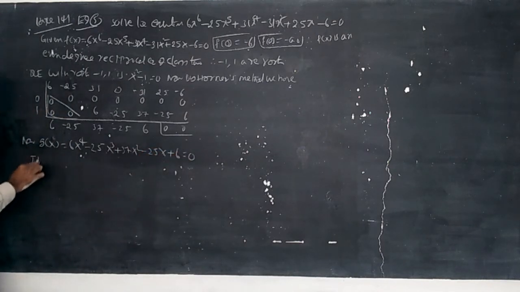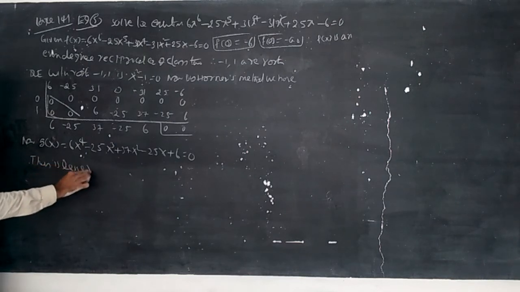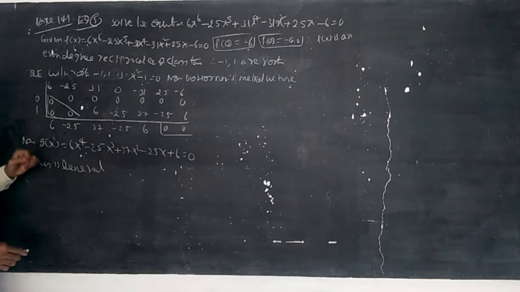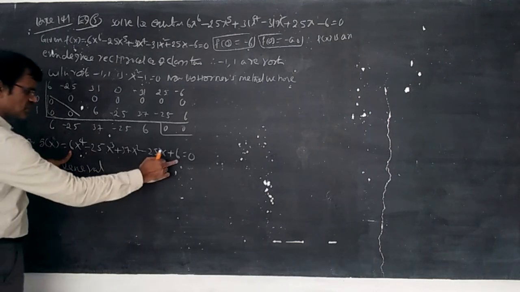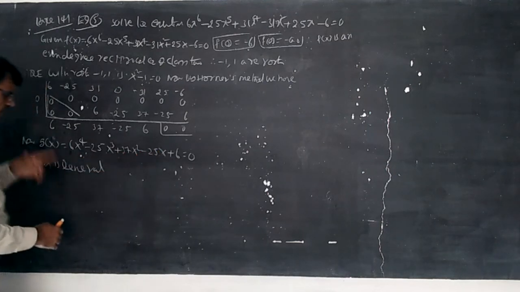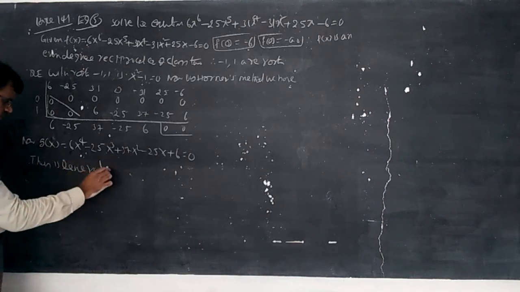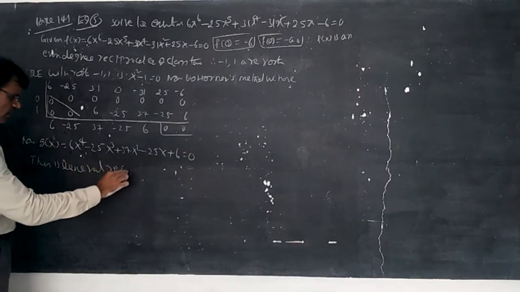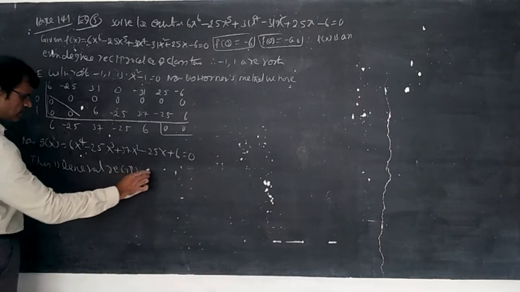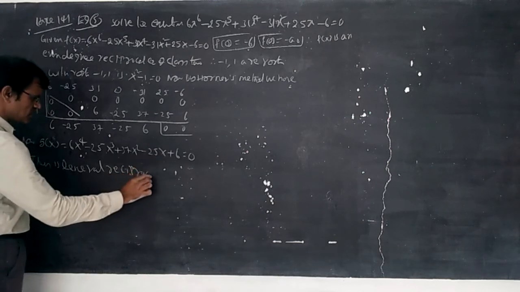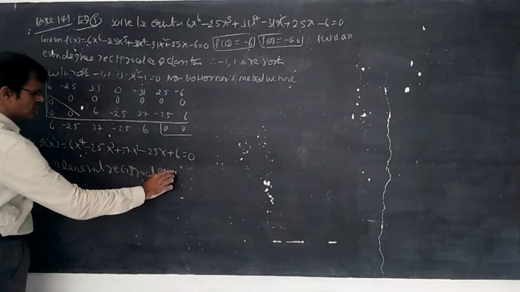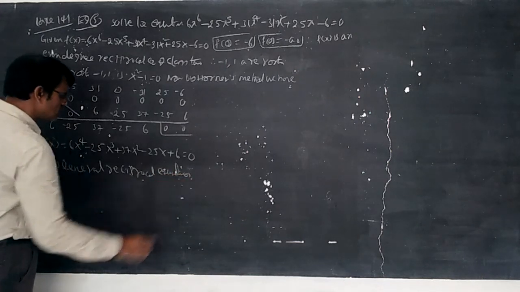You can understand this is a general reciprocal equation. Whenever the x power 4 term is there, you can see here 6 and 6, minus 25 and minus 25, like that. If you are getting it in a similar way, it is called a general reciprocal equation. There is no question of class 1 and class 2.